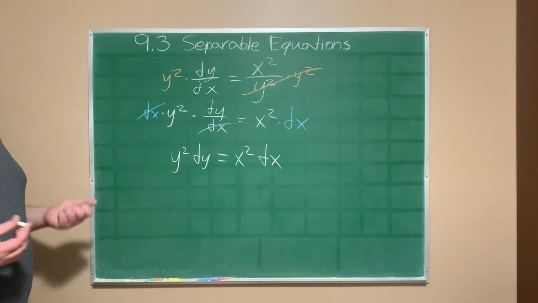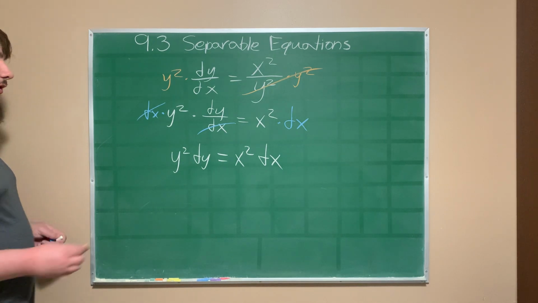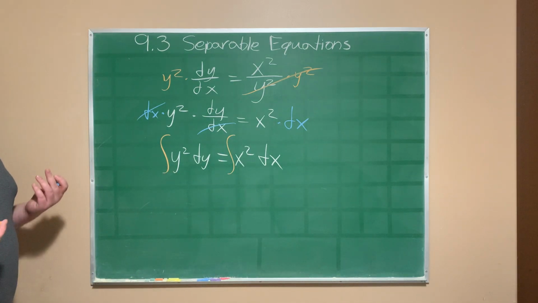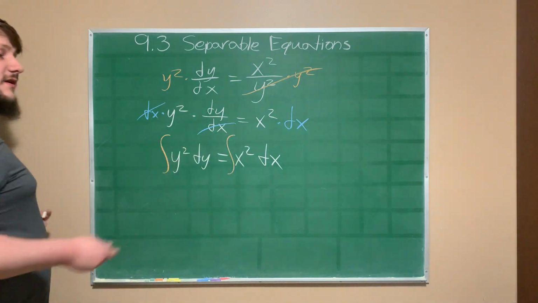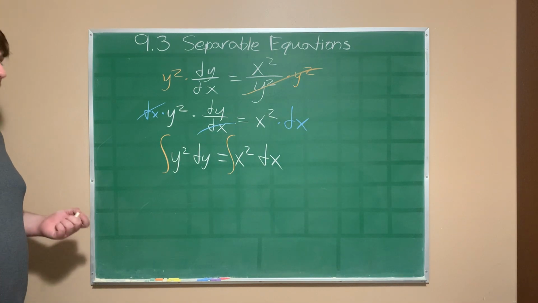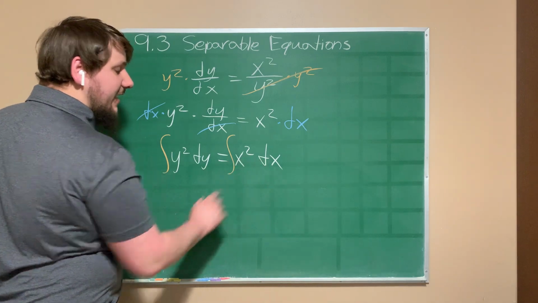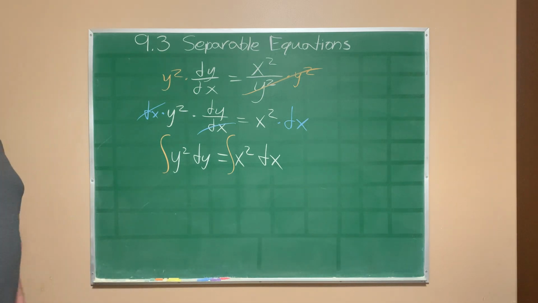And now I am perfectly set up to think about antiderivatives. If I put an integral symbol in front of each of these expressions, each side now looks like an antiderivative that we're familiar with: the antiderivative of x squared with a dx after it, and the antiderivative of y squared with a dy after it.